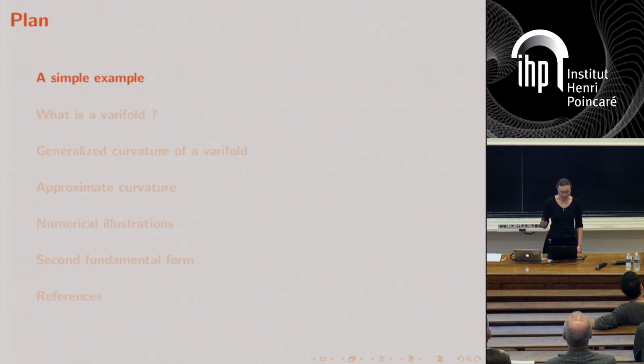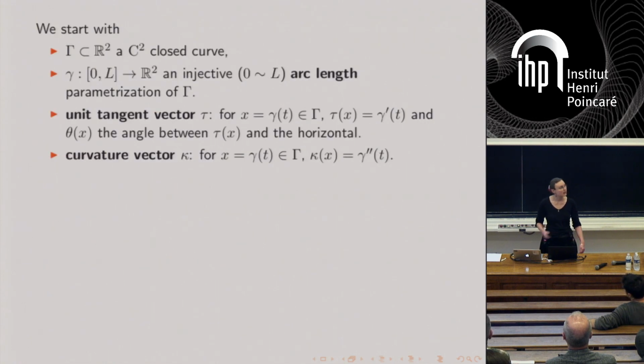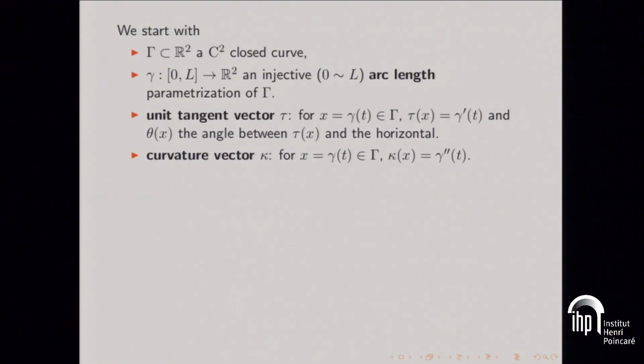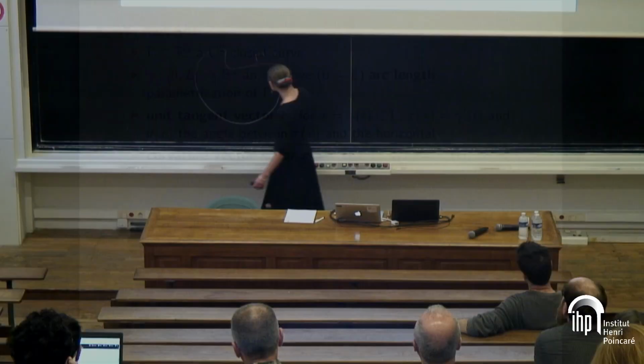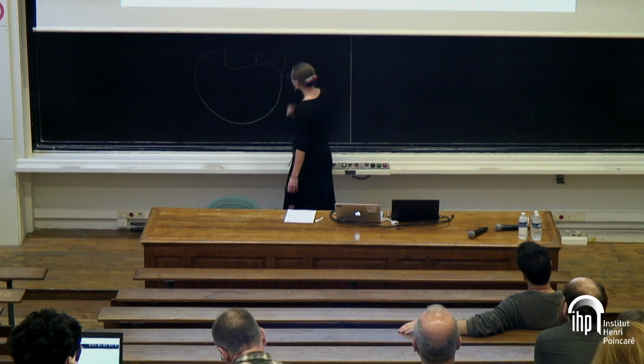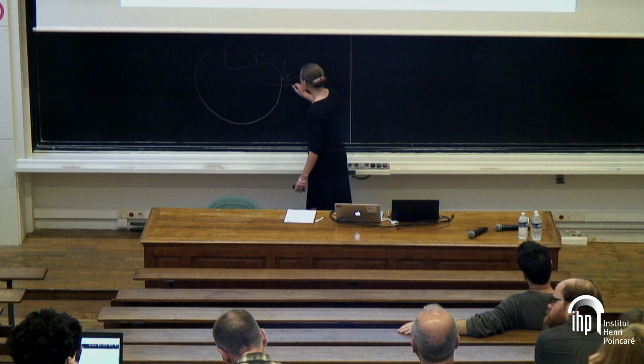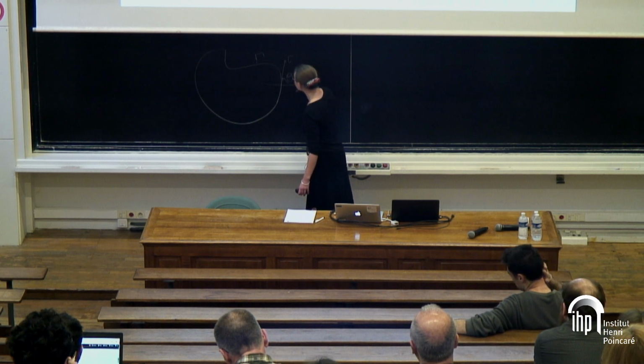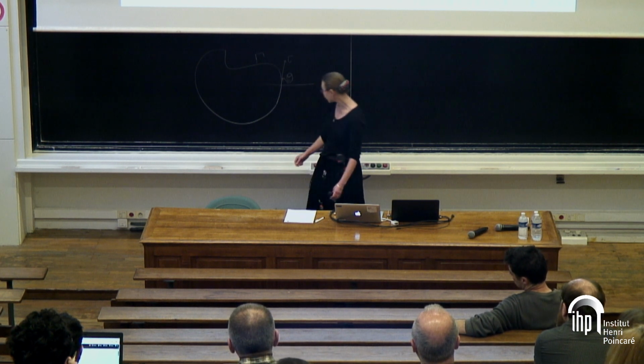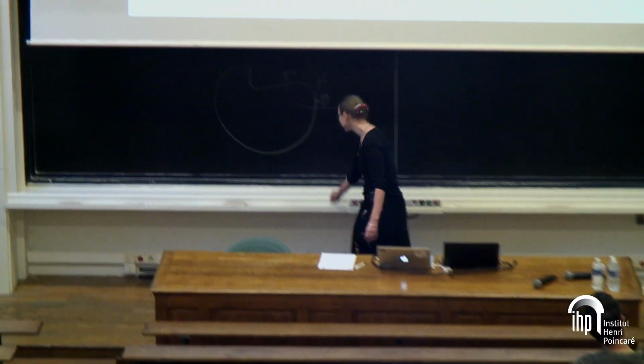But before that, I like to start with a simple example. Just take a curve gamma in R2 that is closed, smooth, injective. And you can define a unit tangent, and you can define the angle of the direction made by the tangent with the axis.